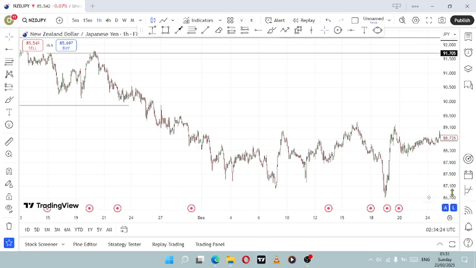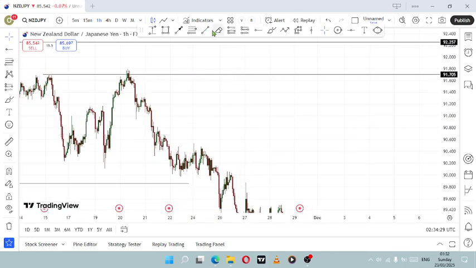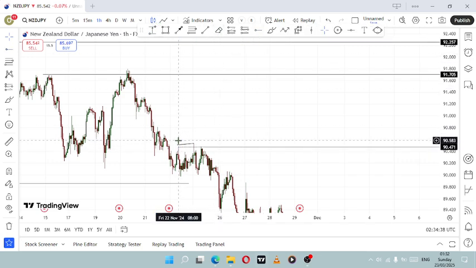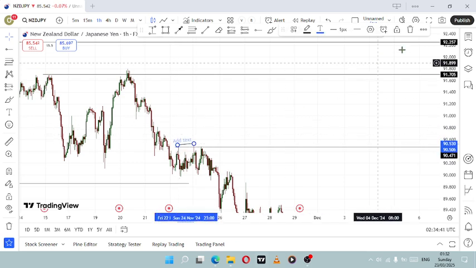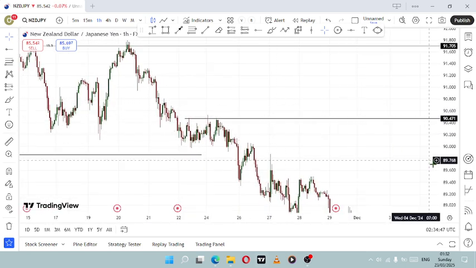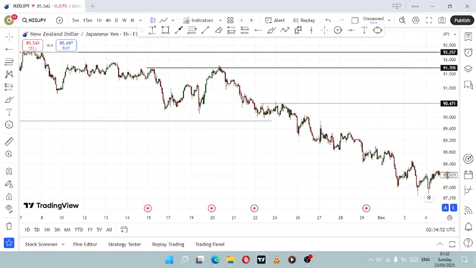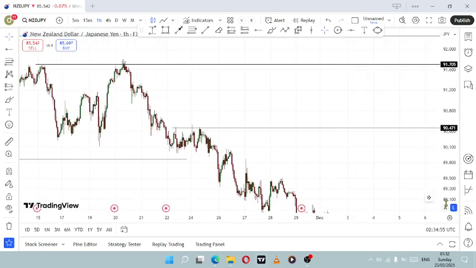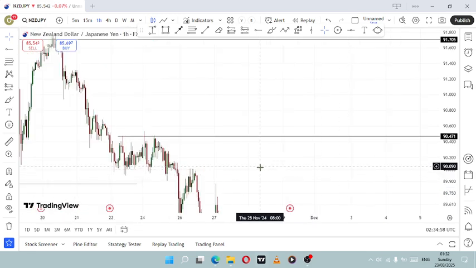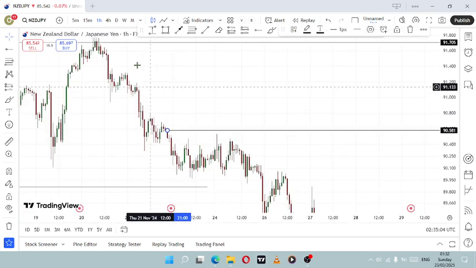So let's look at the structure. I like to use this one more often. So here will be an inflection on the 15th.